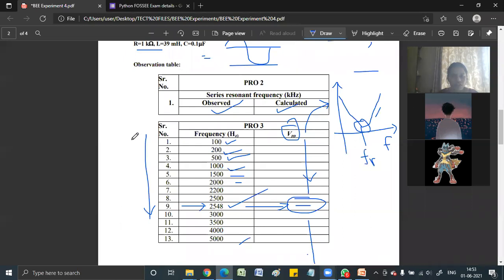Okay, and draw this observation table. Please write over here, it's not just any frequency. This is the input signal frequency that you're varying. So draw this table in your book, and beside that, you're going to fill in your values.